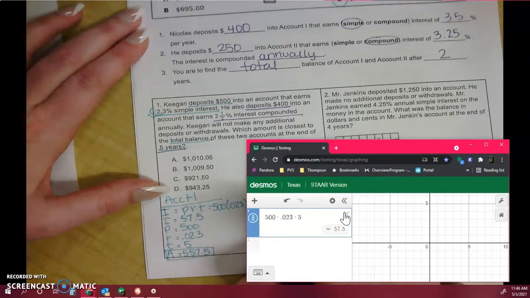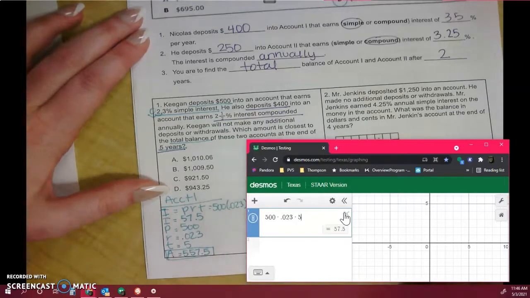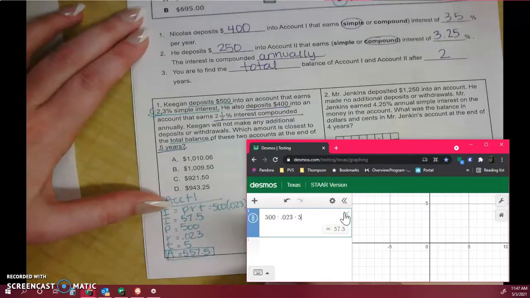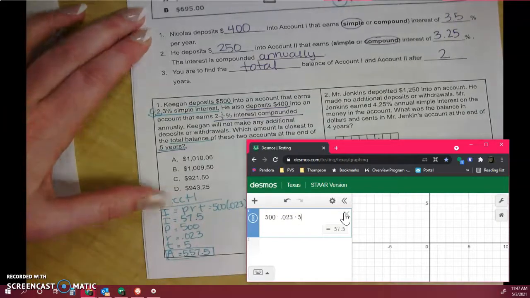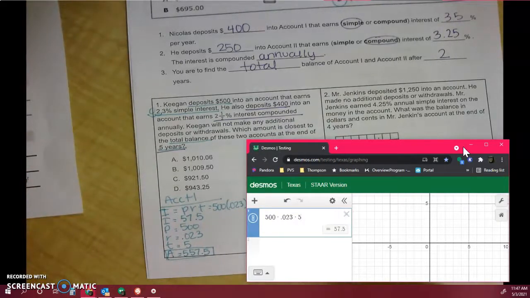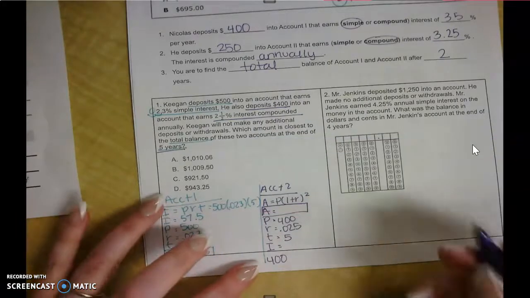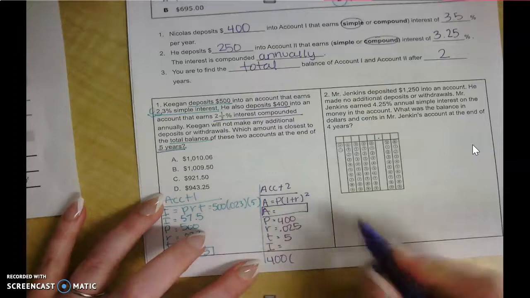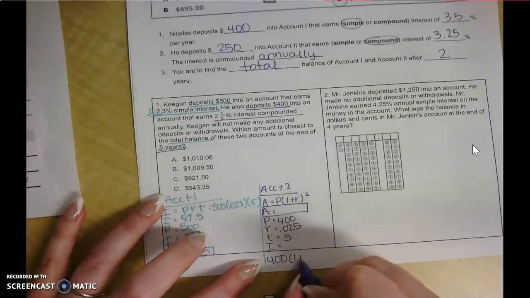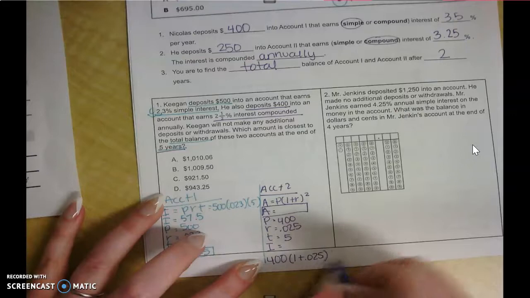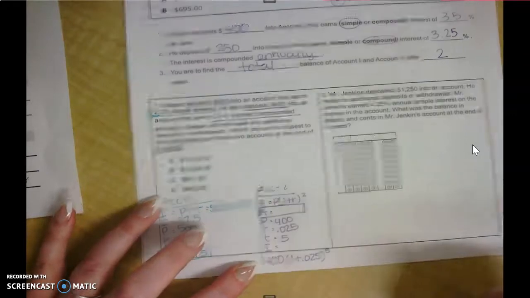Our rate is 0.025, and our time is still 5 years. There we go. Sorry about that. And then we're just filling this in. So 1 plus 0.025 to the power of 5.